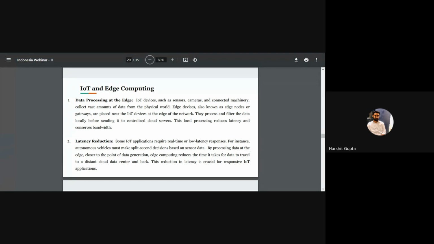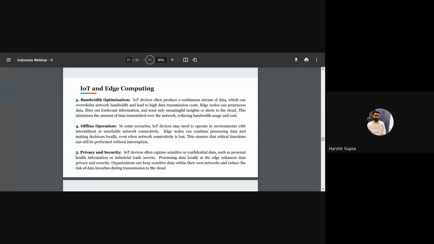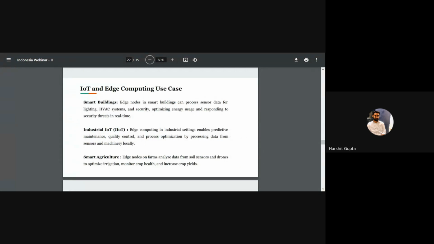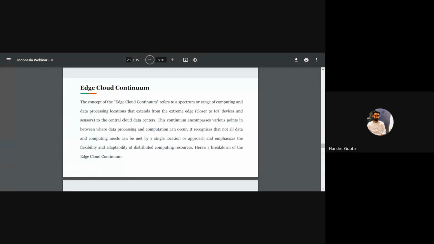The processing of the IoT data will take place at the edge devices, the latency will be reduced, offline operations are possible, and bandwidth optimization will occur. These were the benefits of having IoT with edge computing. Smart buildings, industrial IoT, and smart agriculture are all use cases we can take again here. Now next we will see.